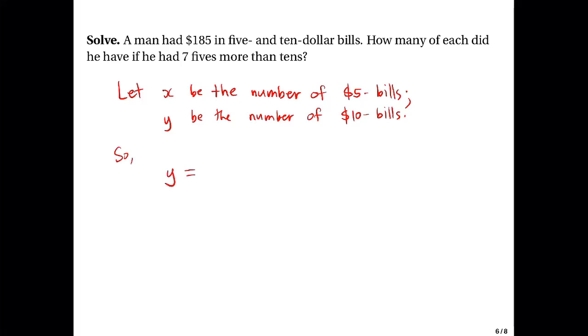So he had 7 fives more than the tens. So which one is more? The $5 bills. There are more $5 bills. So in here, what we actually have is that the $5 bills, which is x, is equal to the number of tens plus 7. So x is equal to y plus 7.